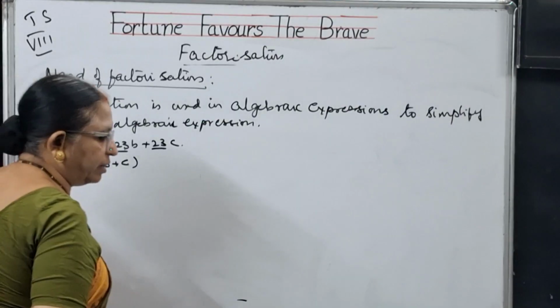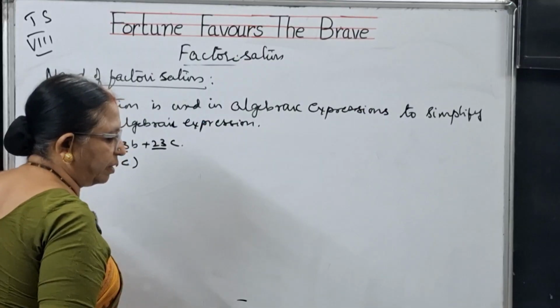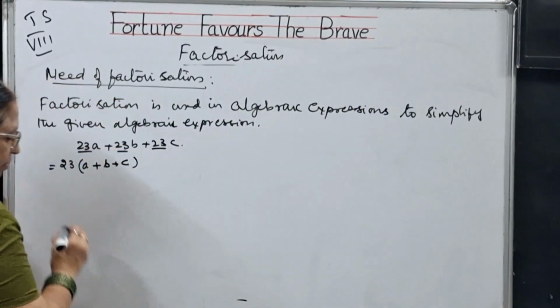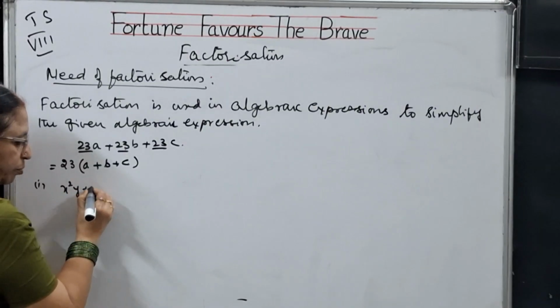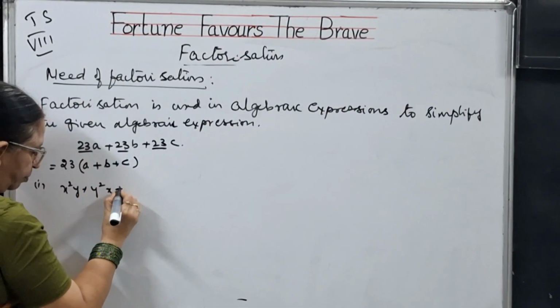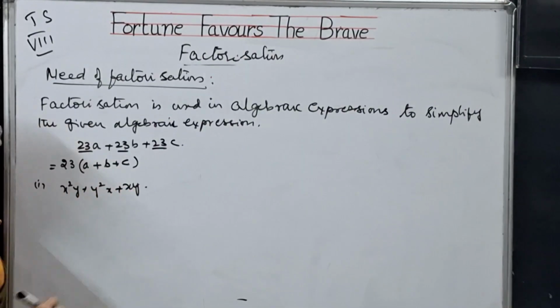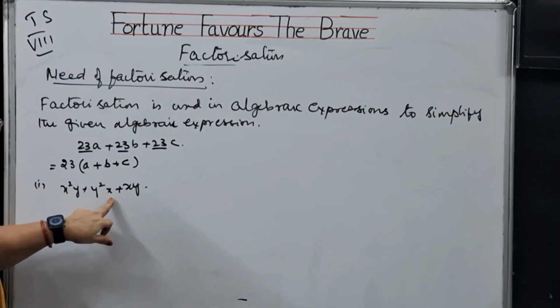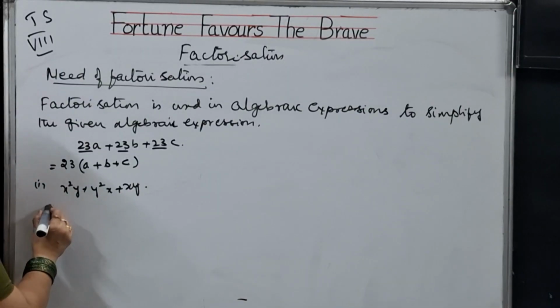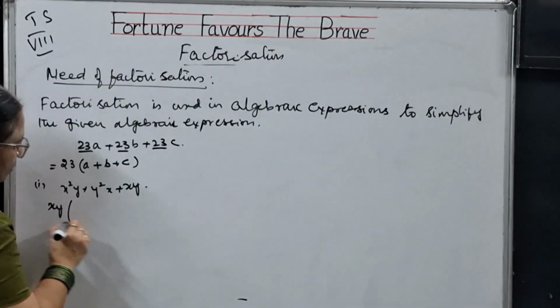Next we can take another example. Two bits are given. First one, x square y plus y square x plus xy. This is an algebraic expression in which x and y are there in all the three, so you can take x and y as common.